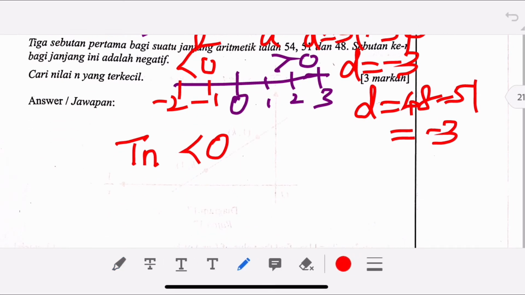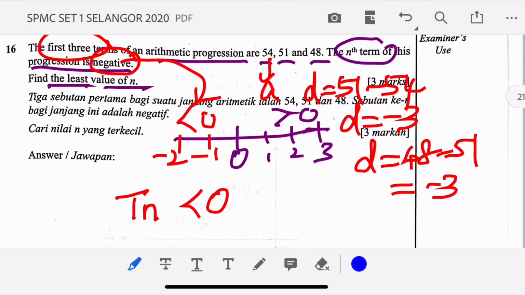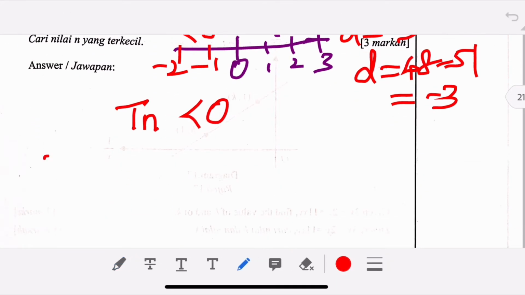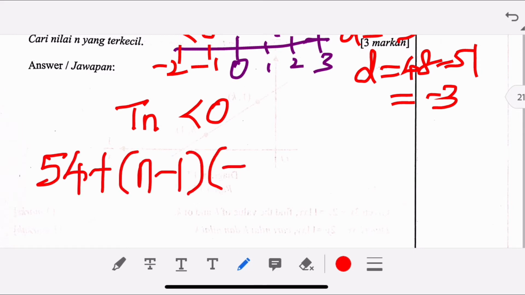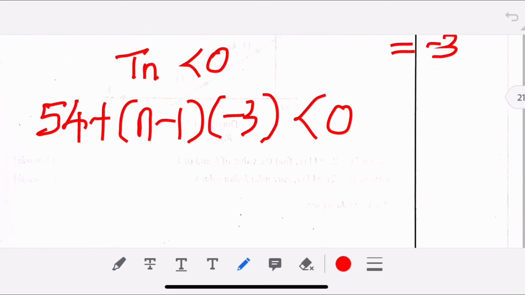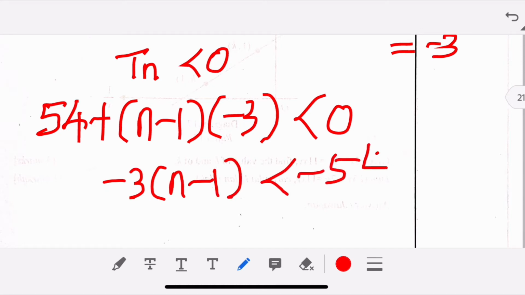So we want to find the term that will produce the negative. So the A is 54, 54 plus n minus 1, D is negative, and it is less than 0. So we have -3 and -1 less than -54.